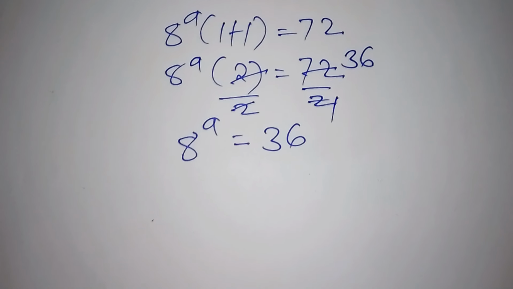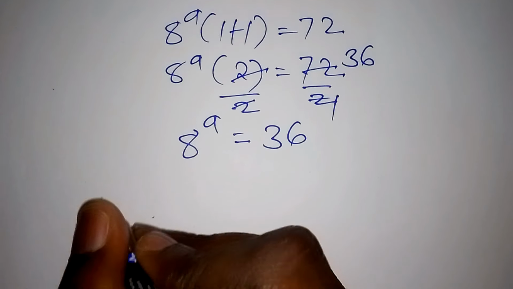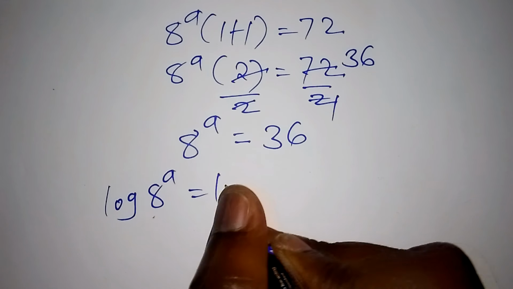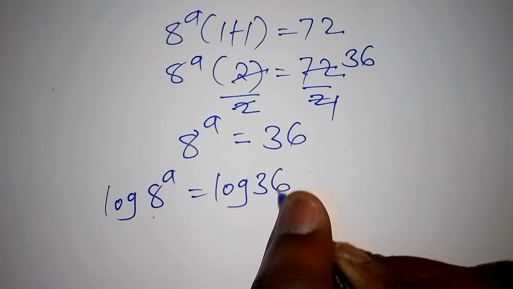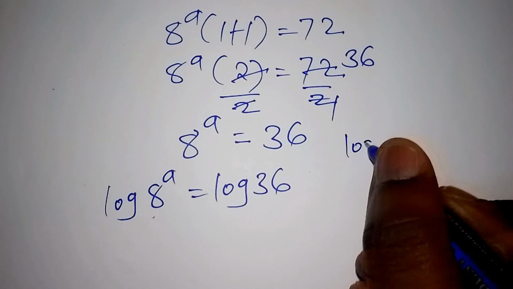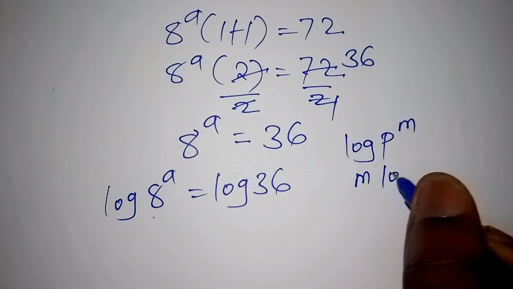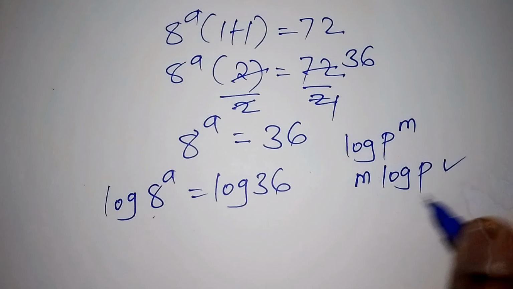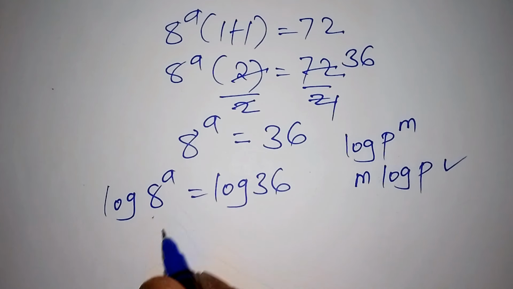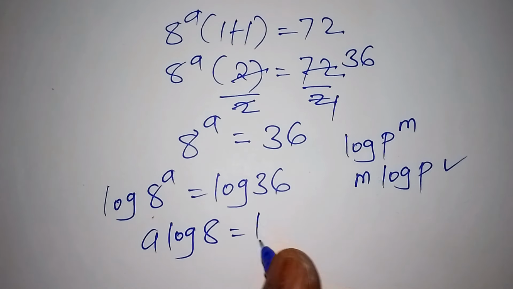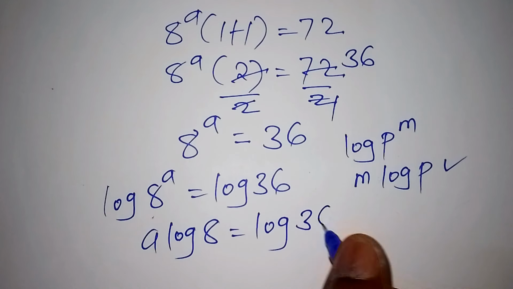So here we shall have the log of 8 to the power of a is equal to the log of 36. We all know that when you have the log of p to the power of m, this can also be written as m, the log of p. So the log of 8 to the power of a can also be written as a, the log of 8 is equal to the log of 36.